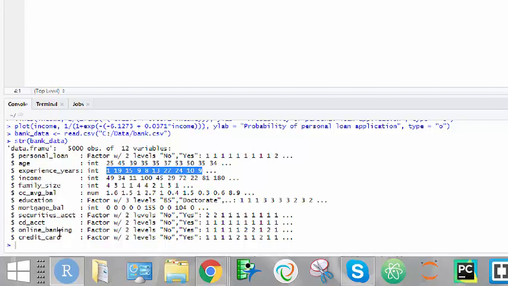Also numerical predictor. Income level, that's in thousands of dollars. Family size, also numerical. Then we have average credit card balance, apparently also in thousands of dollars. Education is categorical, right? And remember, we had 3 different levels of education: BS, bachelor's, MS, master's, and doctorate.